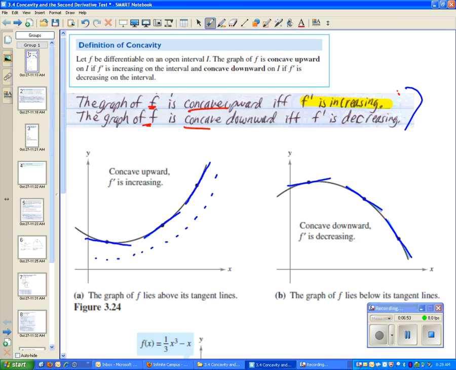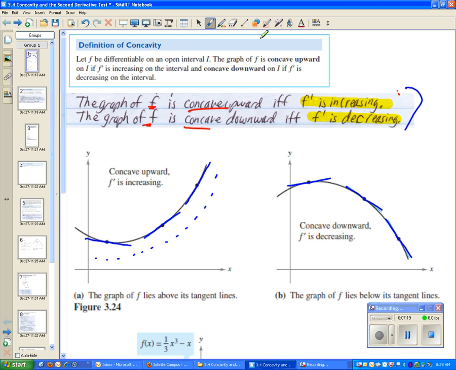Okay? Now, if that said F instead of F prime, if F is increasing, what does that tell us about its derivative? Positive. So if F prime is increasing, what does that tell us about the second derivative? It's positive. So when a graph is concave upward, what's the sign of the second derivative?